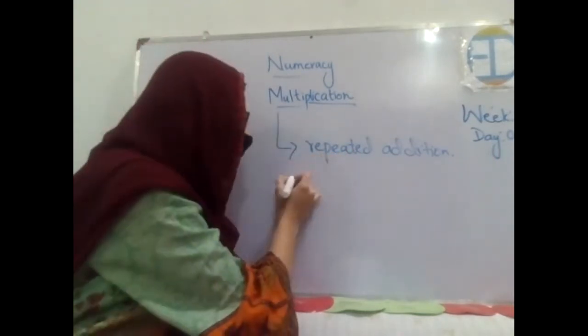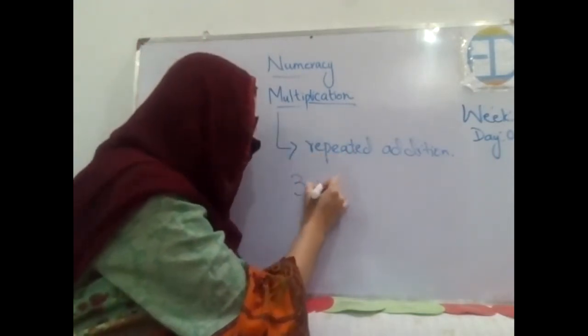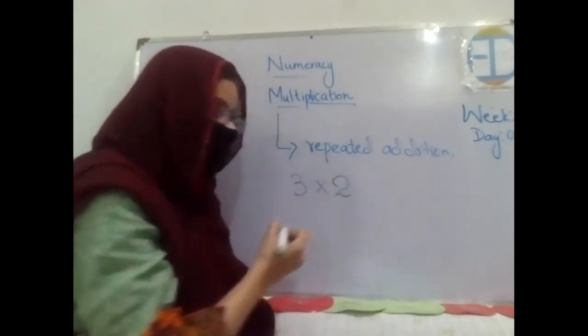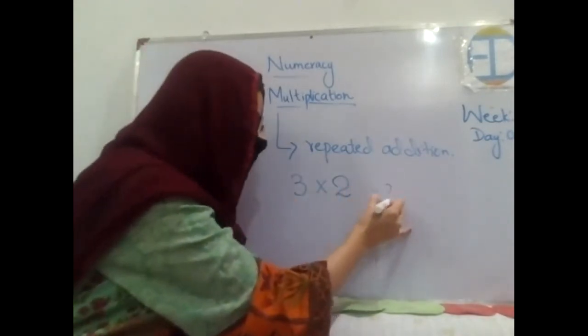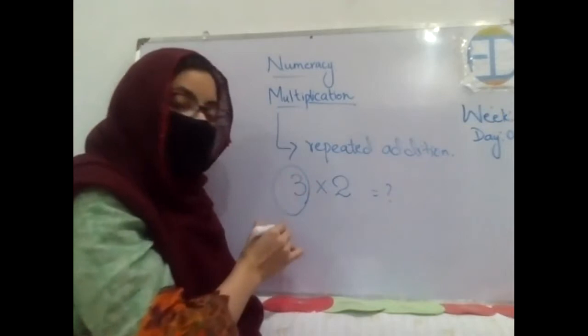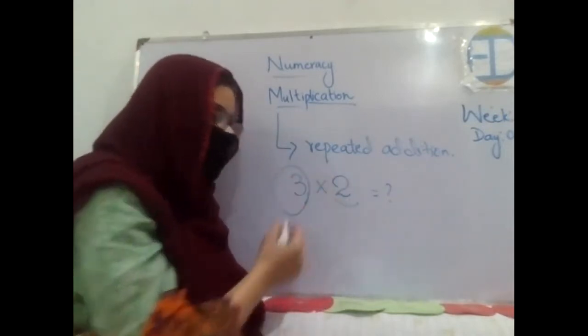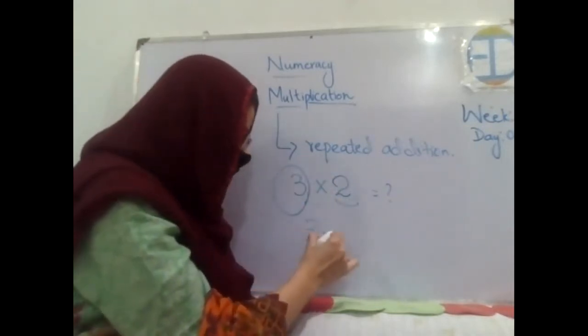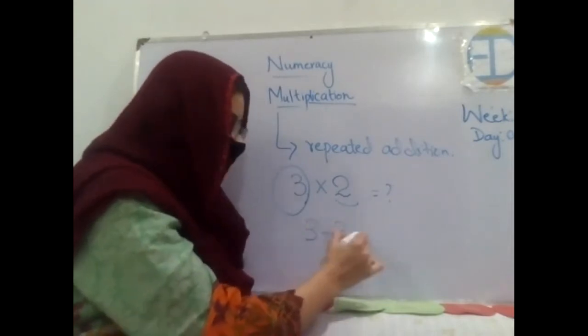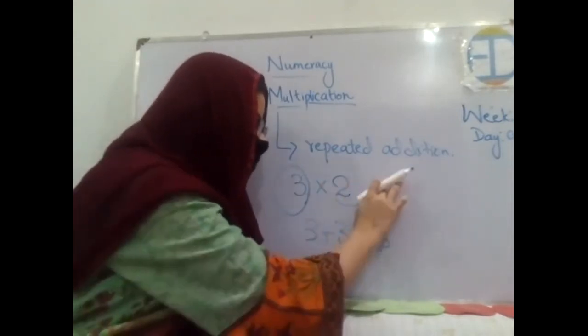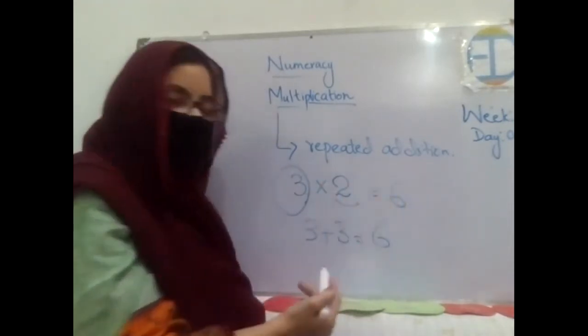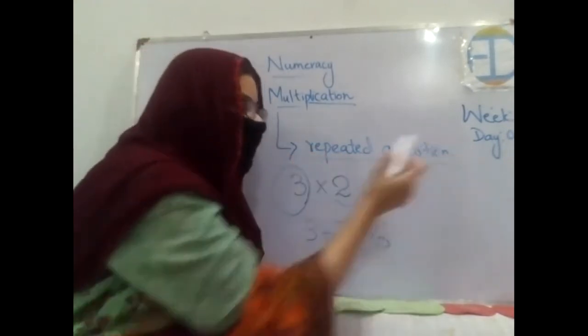Let's say I ask you 3 multiplied by 2. This means add 3 to itself how many times? 2 times. So 3 plus 3 is equal to 6, and 3 multiplied by 2 is also equal to 6. So this is what? Repeated addition.